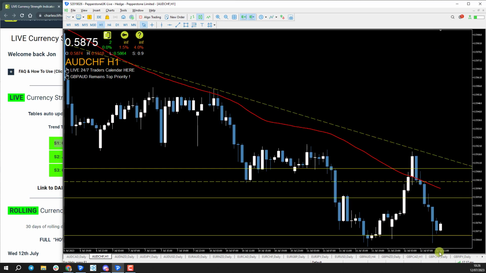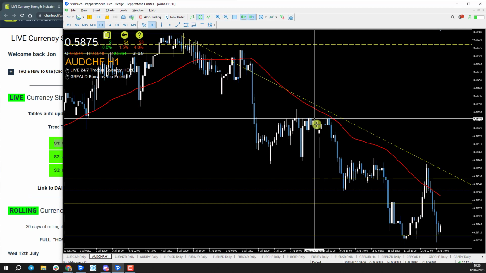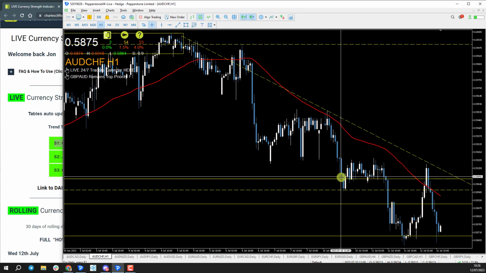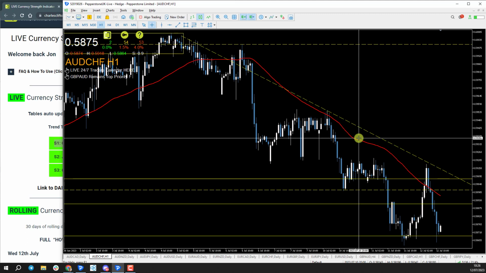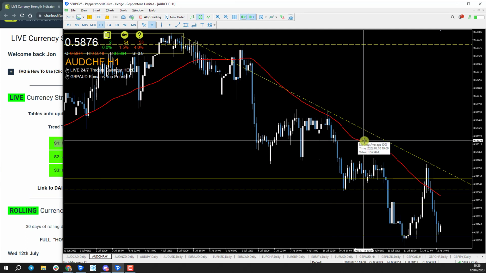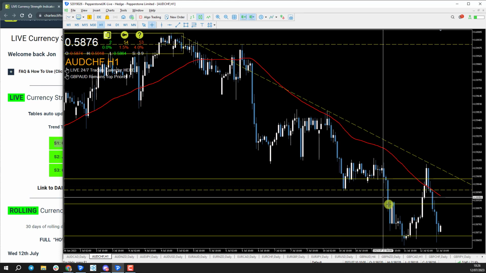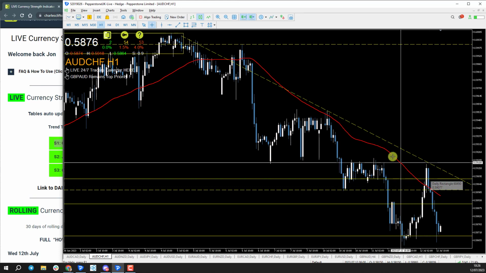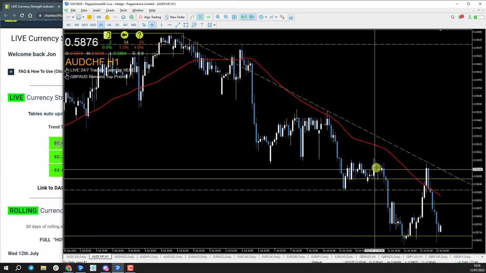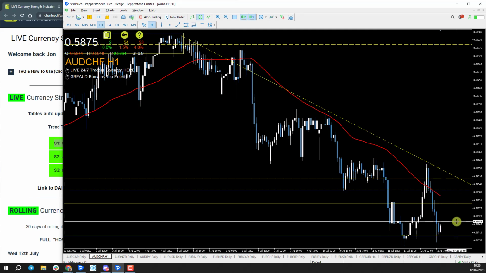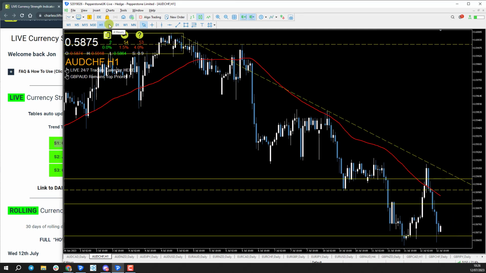Well, it's because we're back at previous lows. The last time we spoke about Aussie Swiss was when we hit this 50 moving average. We traded to the downside. I think we were looking for shorts around this 59.35 handle. Price didn't come back, unfortunately. It continued to press to the downside. It did come back up, however, and retest this consolidation before another move. But at the moment, it's at lows.